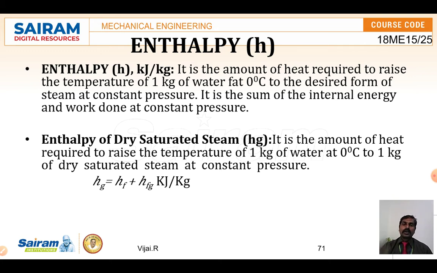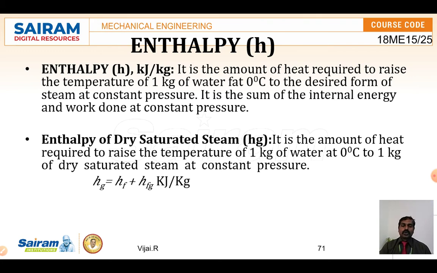As the temperature of the water increases to another temperature, what we have added until then is called the enthalpy. The amount of heat required to raise the temperature from 0 degrees to another level is called enthalpy. What is the enthalpy of dry saturated steam?